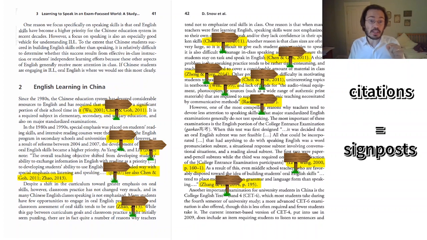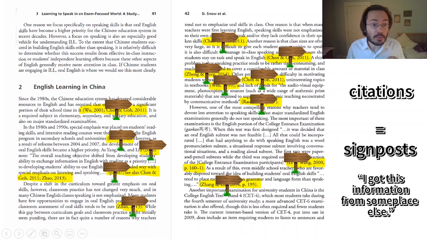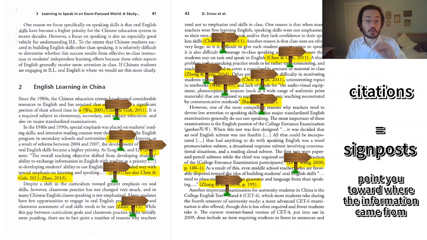And what each of those signposts is telling you is, hey, I got this information, the information that immediately preceded the signpost, from someplace else. I got this information from my research. And if you want to know more about where I got this information, this signpost will point you towards the place I got that information. That's what the citation is.